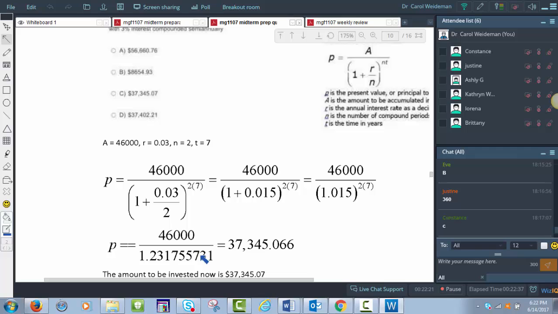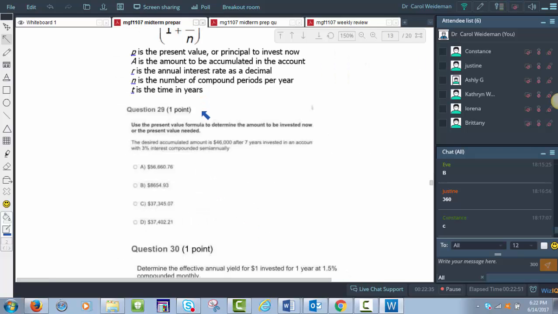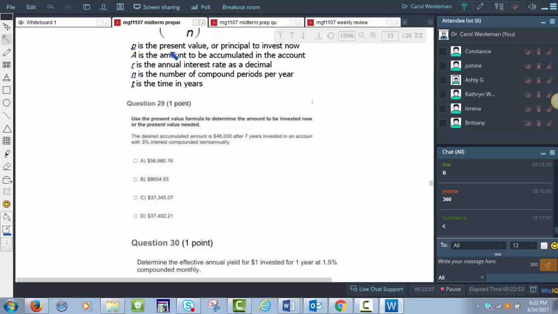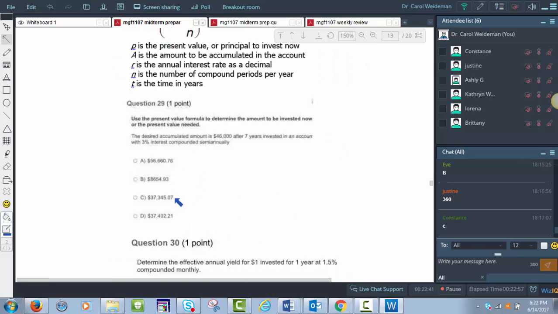Get this quantity here, and then finally I'm going to divide that number into 46,000. And so I have to invest $37,345.07 now in order to accrue $46,000. How much was it again? Sorry, I don't want to give the wrong answer. 345.07. All right.